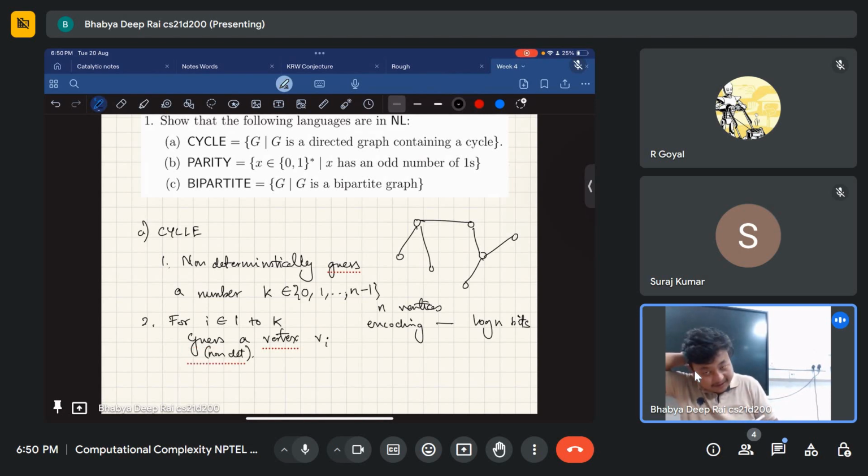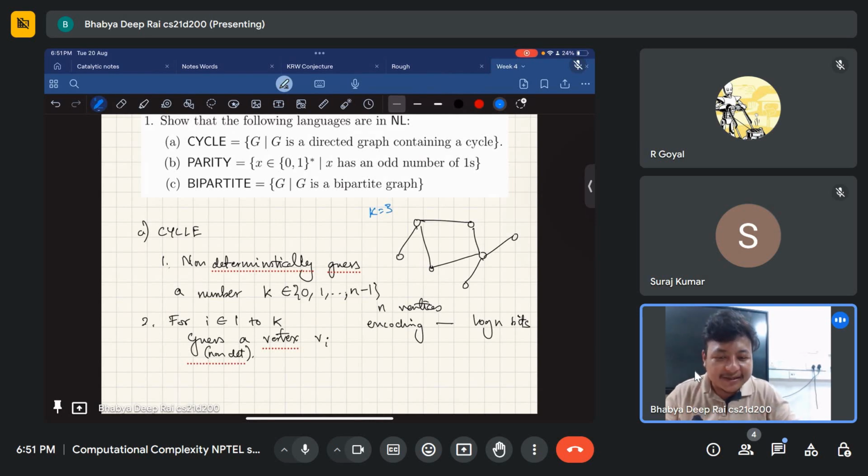I guess a vertex vi, and I keep doing this for 1 to k. So let's say my algorithm gives k equals 3. Then I'll guess a path of length 3 this way. For i equals 1 to 3, I guess a vertex vi. It could be any of these vertices. Let's say I guess this one, and then again I guess another vertex, and again I guess a vertex.